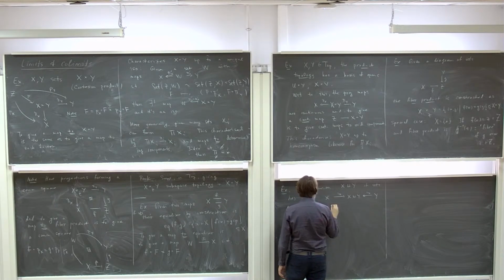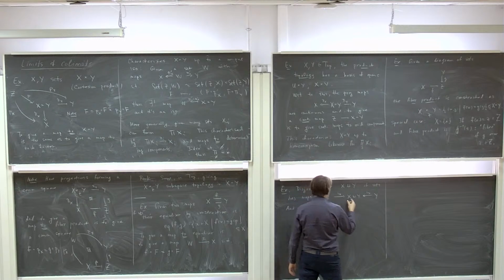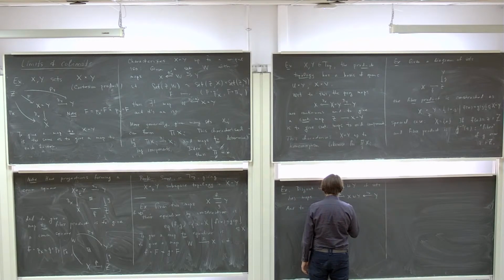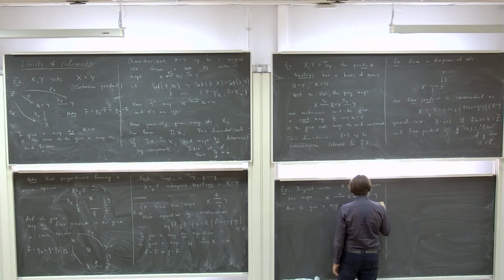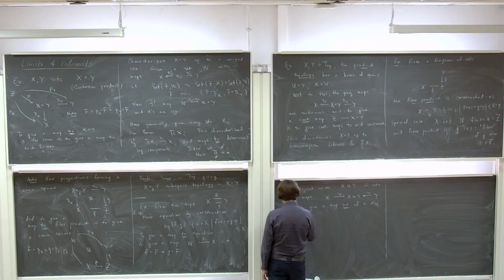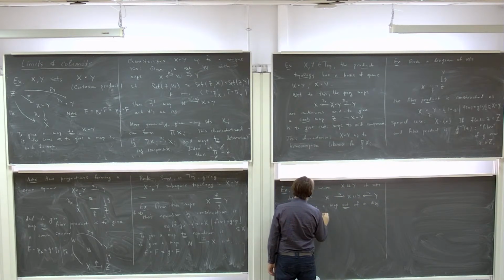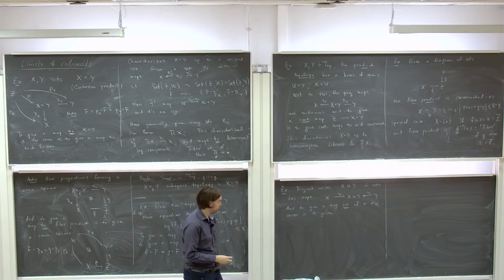And to give a map out of a disjoint union, not to, but out of a disjoint union, is to give a map out of each component.